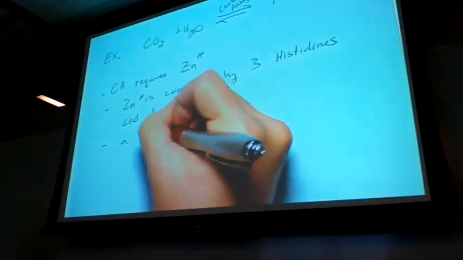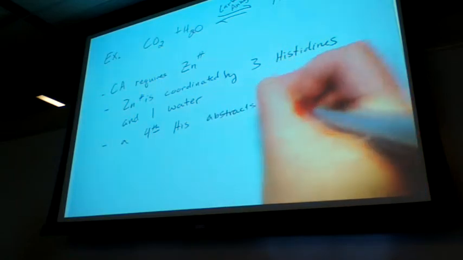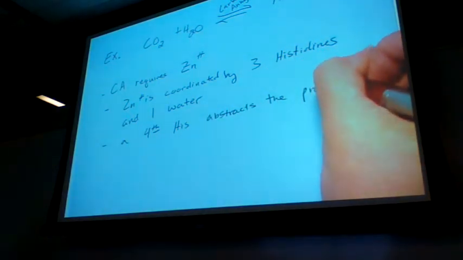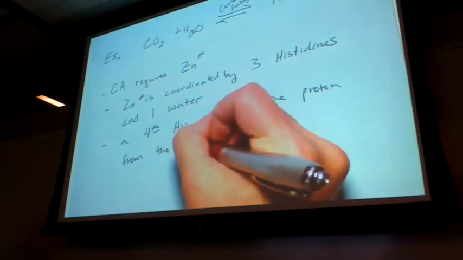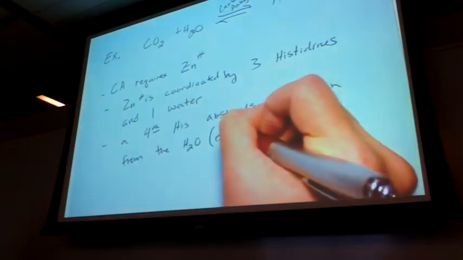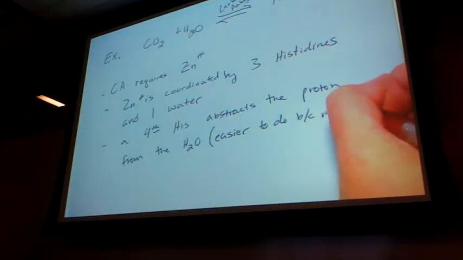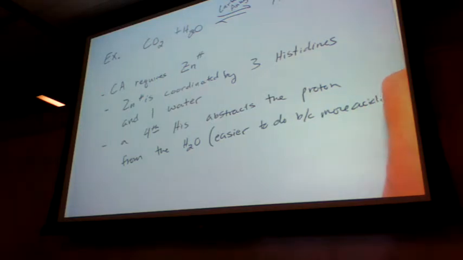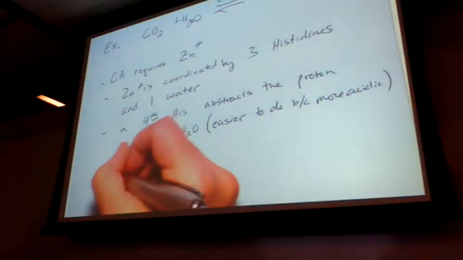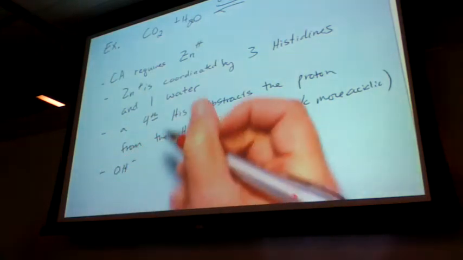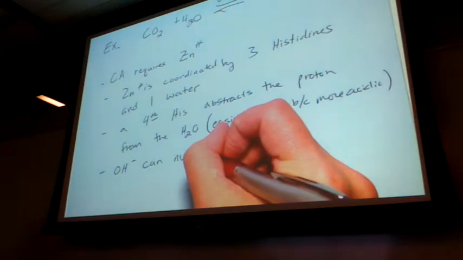The 4th histidine extracts the proton from water, and this is easier to do because it's more acidic, more acidic than normal. And then your hydroxide that is formed can nucleophilically attack the carbon dioxide.